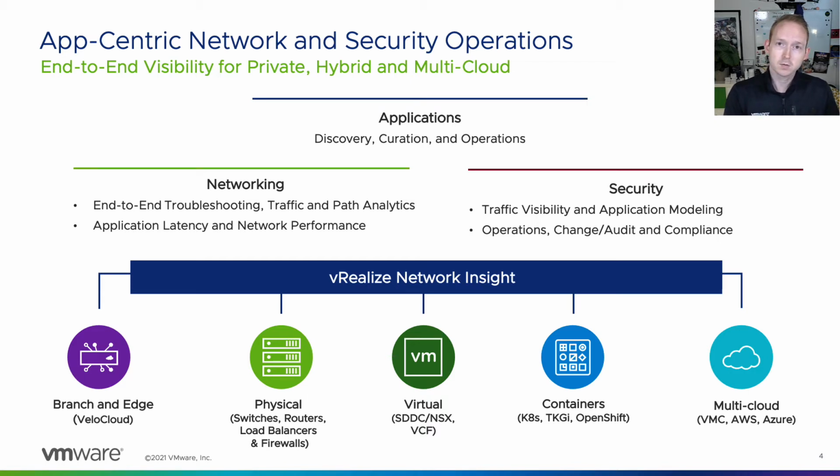Those applications are discovered from that environment. You can also input them manually if you'd like, but typically you would use the application discovery within vRealize, based on either metadata such as tags, naming conventions, or even a combination of both.